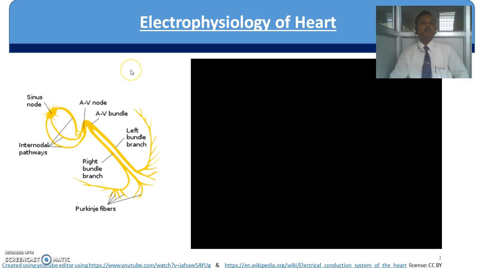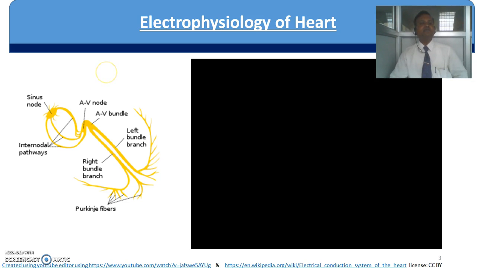Here, three important terms we have to remember. Heart muscle cells show three properties: automaticity, excitability or rhythmicity, and refractory period. Automaticity means they have the capacity to generate their own impulse, SA node related activity. Rhythmicity means they have excitability and in a specific rhythm they keep on beating.